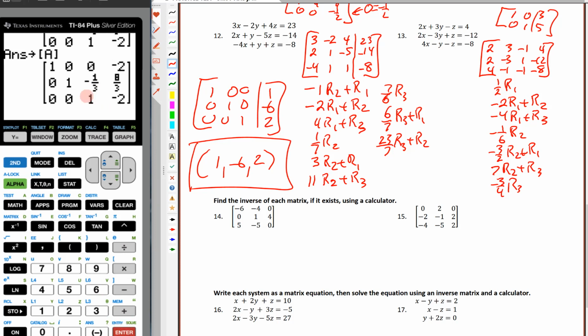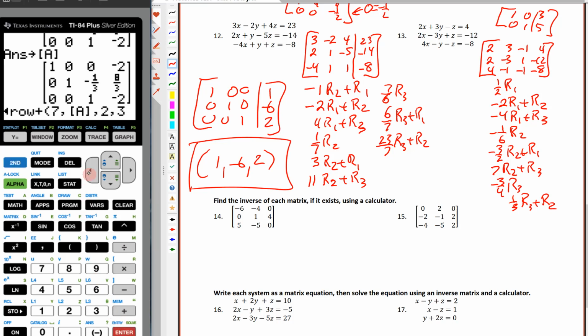So it did what we want, and I better store that. Okay, that looks good. And then the last thing I need to do is turn that -1/3 into a 0. So this is going to be 1/3 row 3, and we're going to add to row 2. So I'm going to hit, let's see, what do we got here? We got one of those back here. Hopefully not too far.